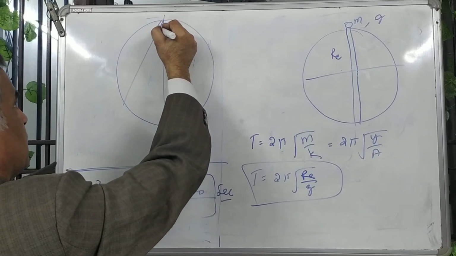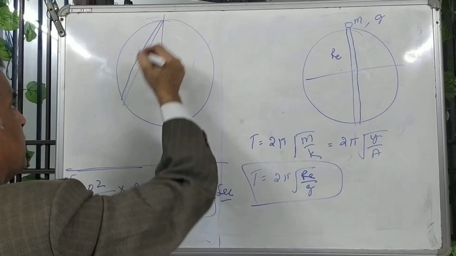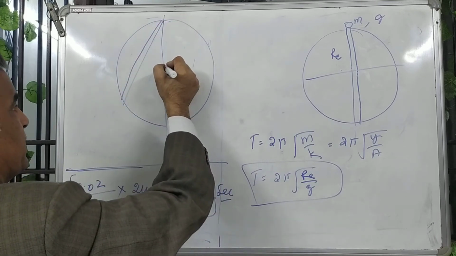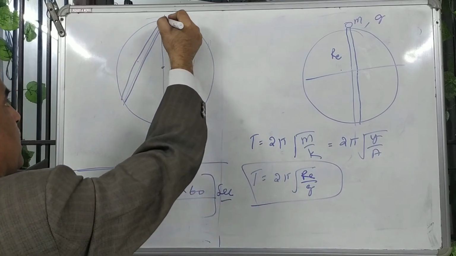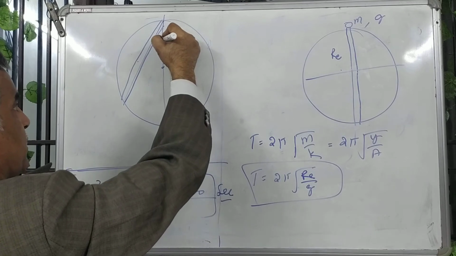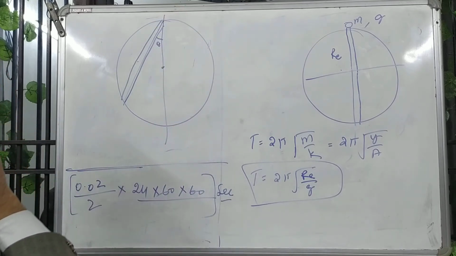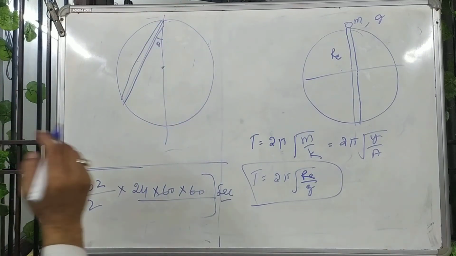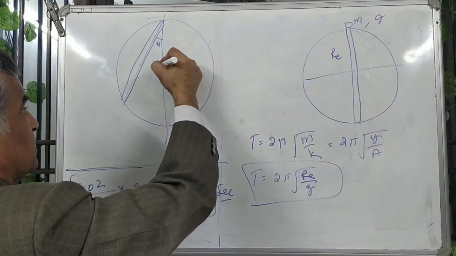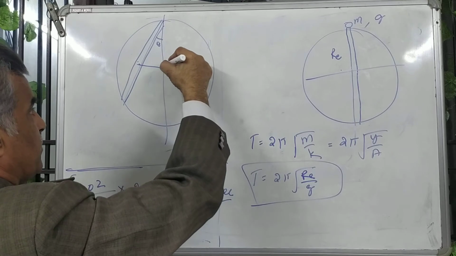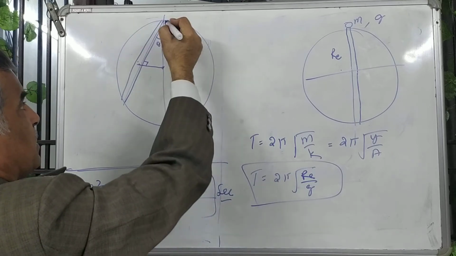This is the center of the earth, and this new tunnel is making angle theta with this line. The center of the earth is this, here is not the center of the earth. So draw a perpendicular line.